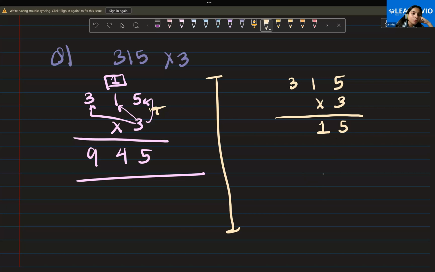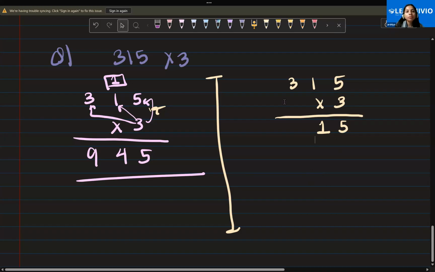But ma'am, we only do it in 2-digit numbers. Like if we write 2-digit numbers... can you give me 1 second? Okay, sure.